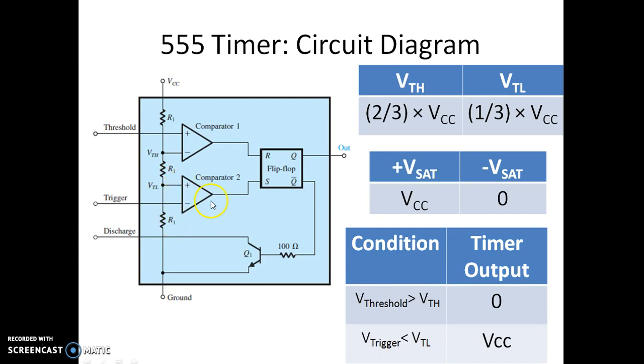When V plus is more than V minus, this comparator output voltage becomes 1. So when set becomes 1, the output Q will become 1, and when Q becomes 1, the entire output of your 555 timer becomes high.